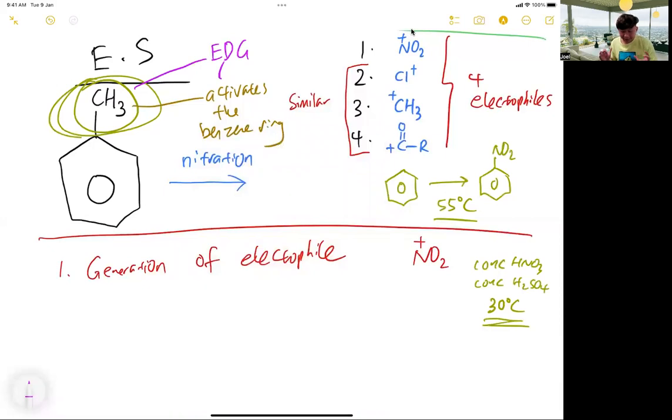Now the headache is the equation for this, which is a big problem for a lot of students. H2SO4 plus HNO3, double arrow. Your job is to get the electrophile, so write it down first. NO2 plus is there.